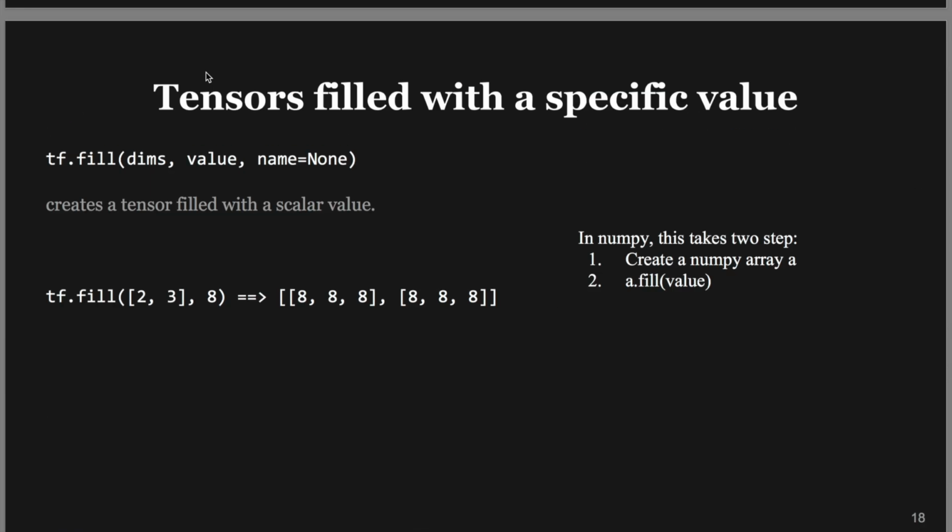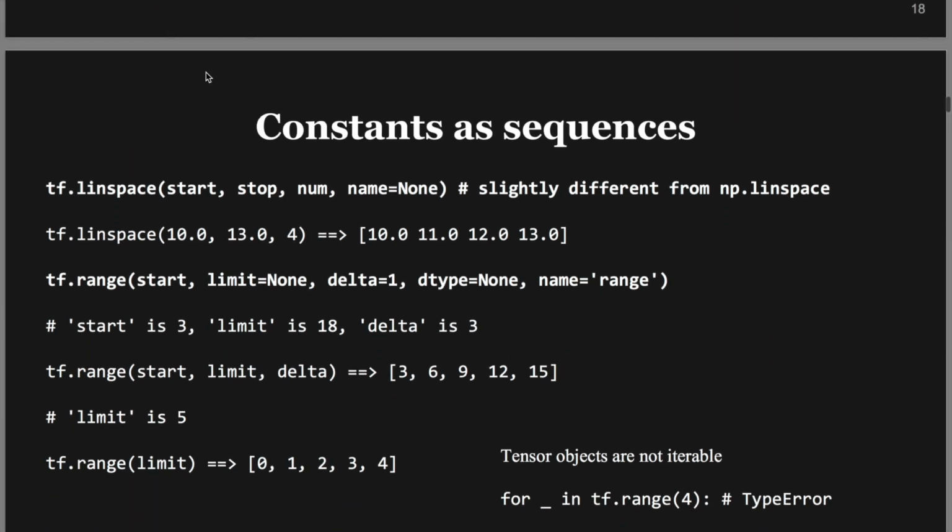Okay, so let's talk about some other types of constants. There are a lot of sequences that we can support in TensorFlow. One of them that you'll be using quite a bit is tf.linspace, where you start and stop at two different numbers. One of the differences with the NumPy version of linspace is that start and stop out here are supposed to be floats, either float32 or float64.